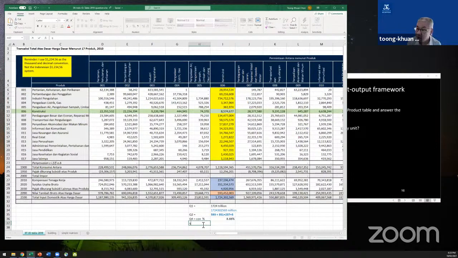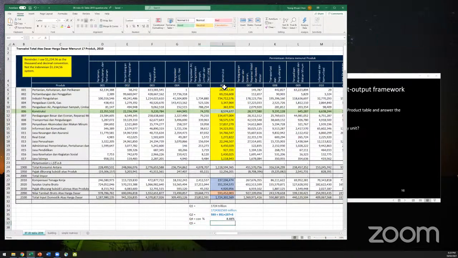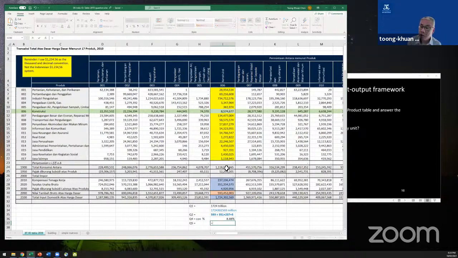What do we buy from other sectors? Construction industry, what do we buy from other sectors? This one, total konsumsi antara.